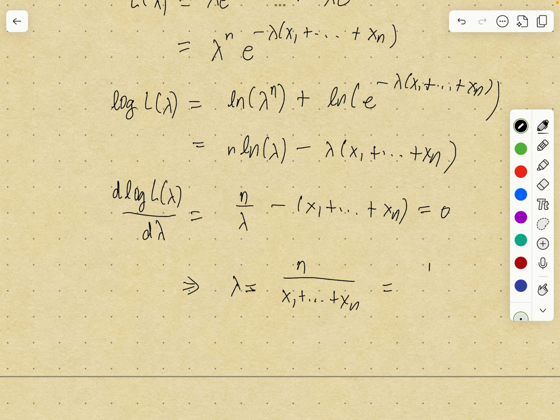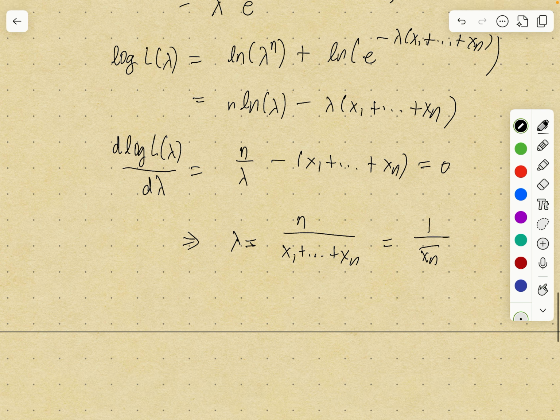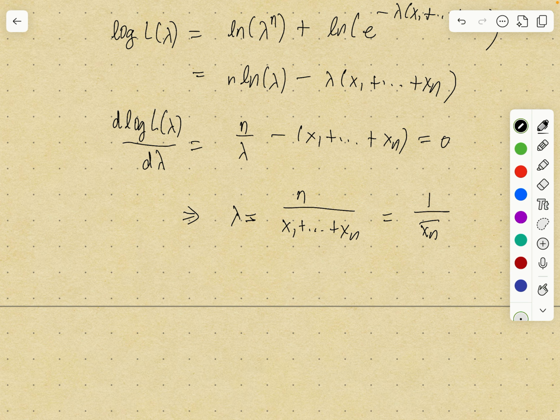And that's equal to 1 divided by the mean of the xi's. Okay? So this lambda, that's what we call the maximum likelihood estimate.